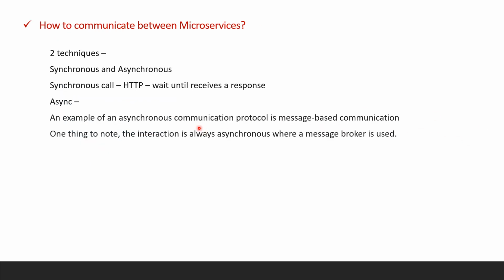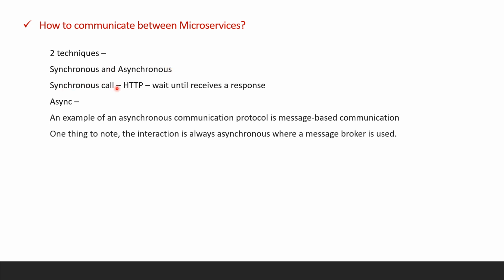The next question: how to communicate between microservices. If you are using microservices, the main and favorite question of any interviewer is how you communicate. We have two techniques to communicate between two microservices: synchronous and asynchronous.